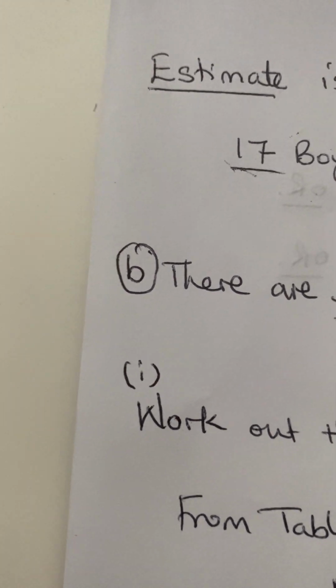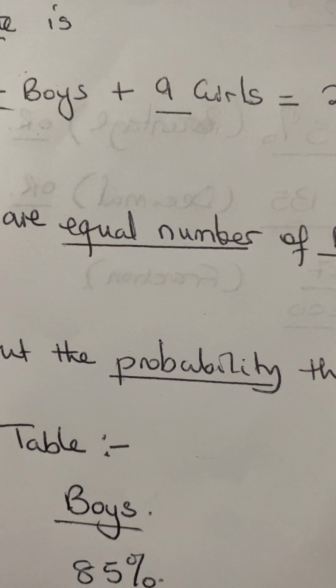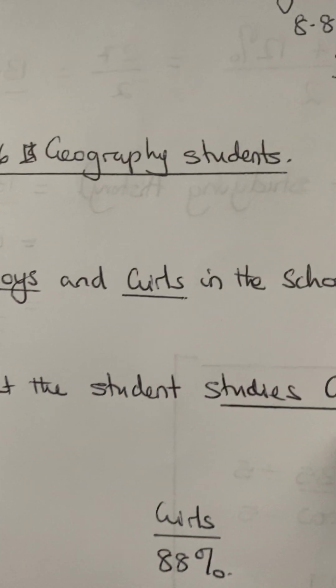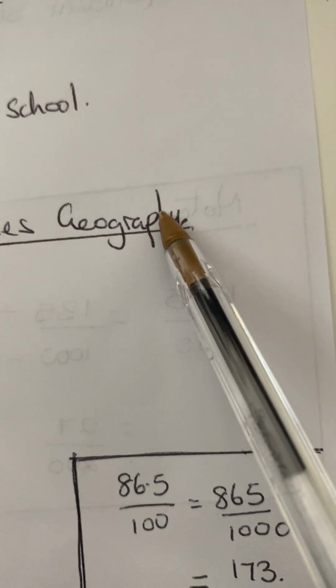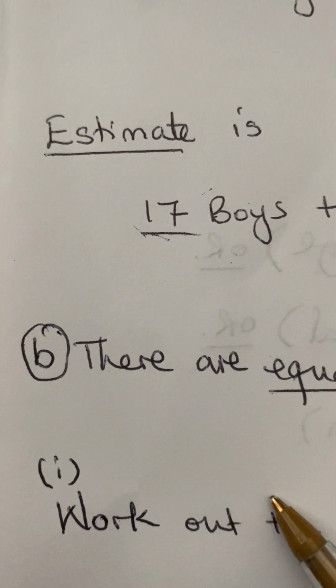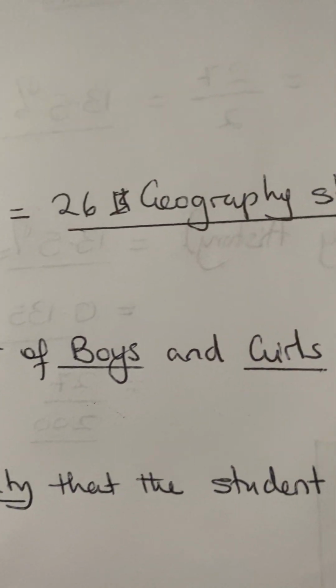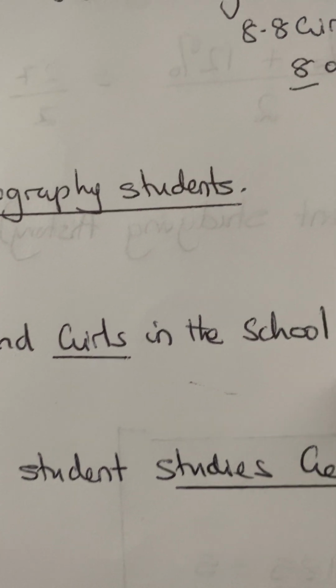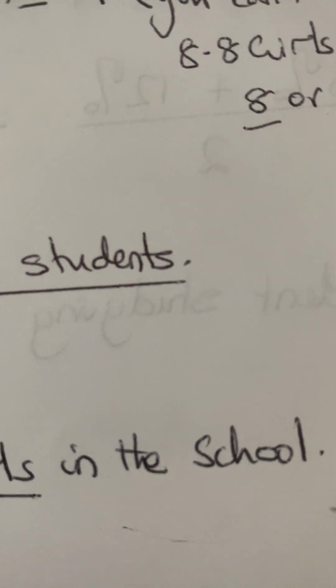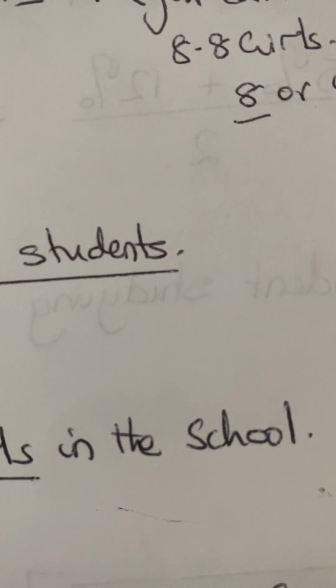Now work out the probability that the student studies geography. Before then, they said there are equal numbers of boys and girls in the school. So if there are 100 boys in the school, then there are 100 girls in the school.